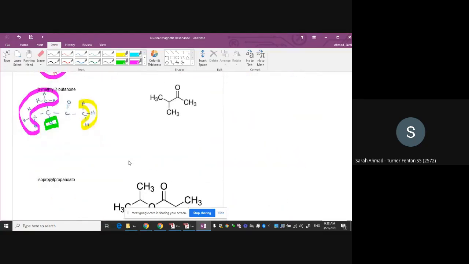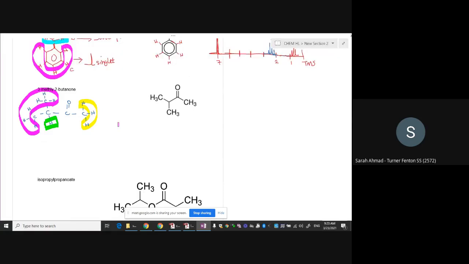In terms of the protons that are feeling the effects of the carbonyl the most, it's these hydrogens and this hydrogen. But this hydrogen gets shielded by the protons within the alkyl groups here, so it doesn't feel the impacts as much as these do.